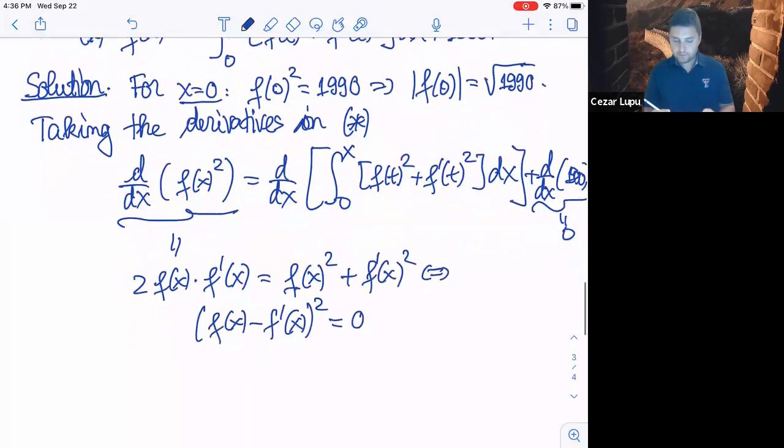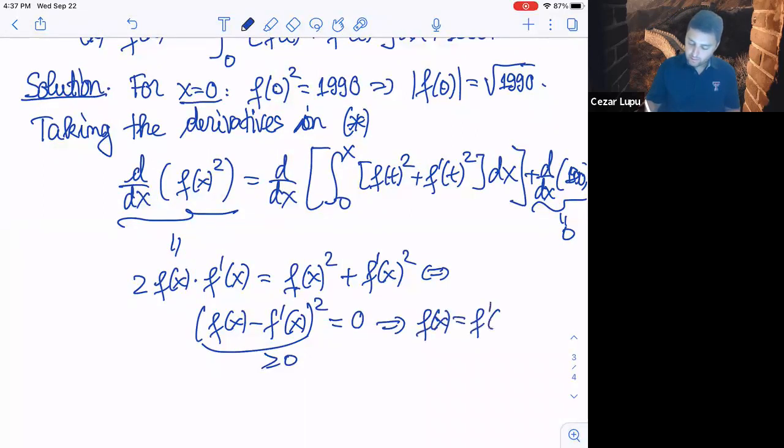Great. So since this is non-negative, this implies that f of x is equal to its derivative.